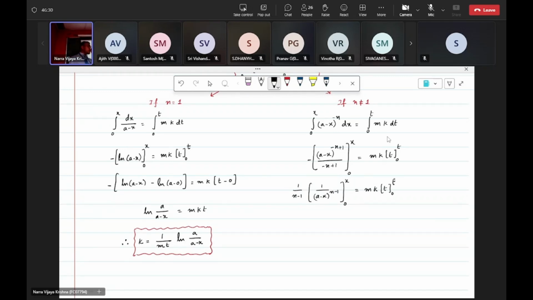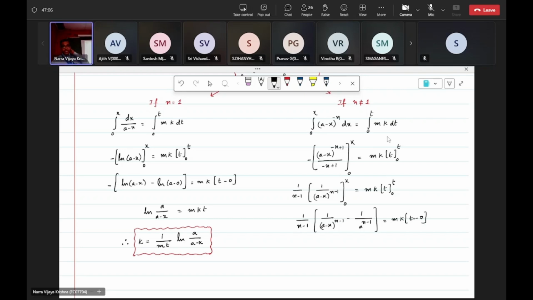Is there anything wrong? Upper limit minus lower limit. So what do you get? 1 upon n minus 1, substituting the upper limit, 1 upon a minus x power n minus 1, minus the lower limit. Substituting 0, what do you get? 1 upon a power n minus 1, is equal to m k, upper limit minus lower limit.